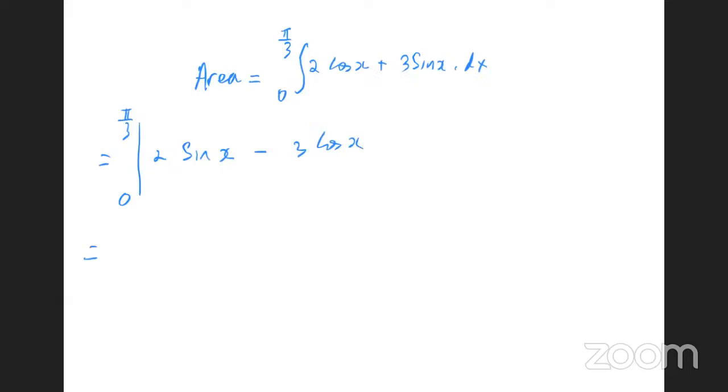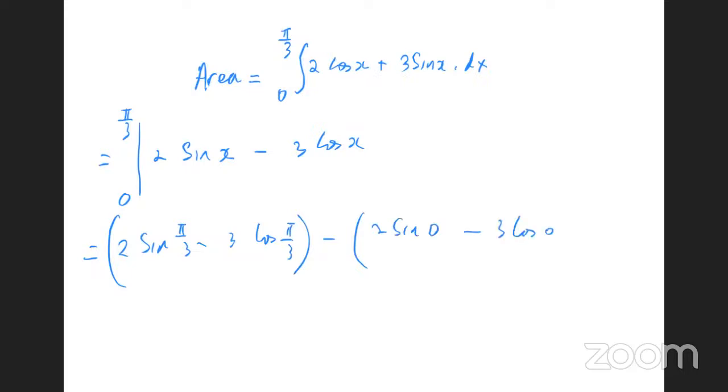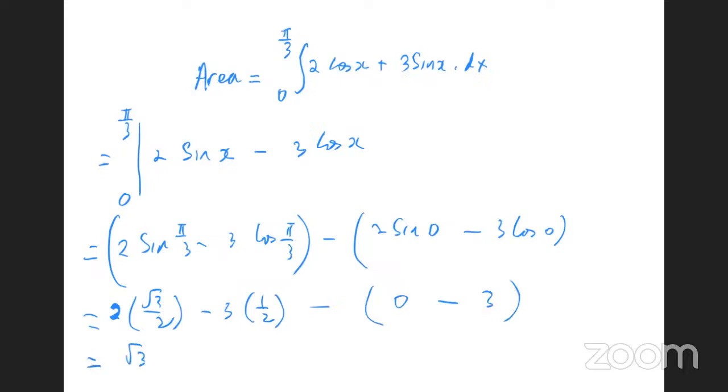Then you have to plug in pi on 3, and then you have to plug in 0. Pi on 3 is what? That's 60 degrees. So that's 2 by root 3 on 2 minus 3 by a half minus 0 minus 3. So that's root 3 minus 1.5 plus 3. How much is that?